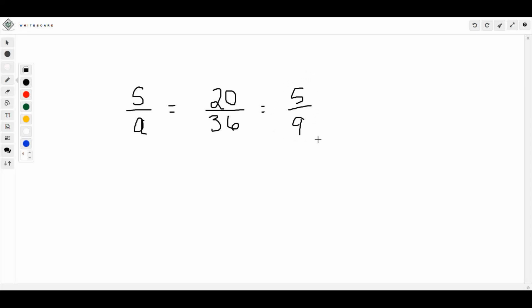It can't go any further because 5 and 9 have nothing in common. That's all you do on that one. Okay, so that's the reduced ratio, 5 ninths. In other words, for every 5 venomous snakes, you will see 9 venomous spiders. Ugh, I don't want to go there.